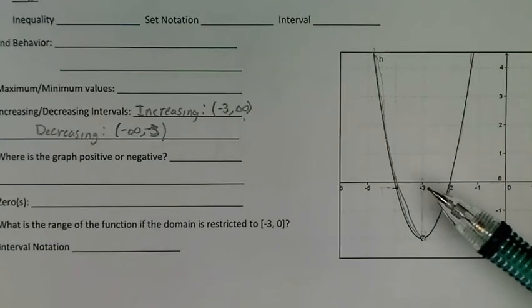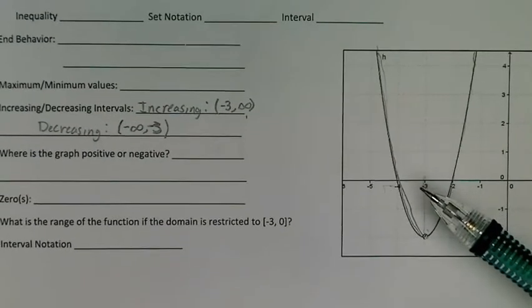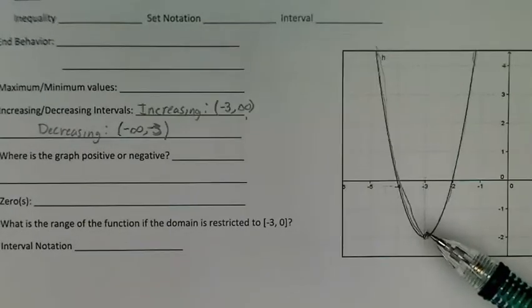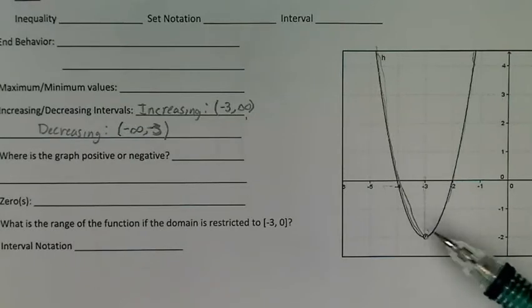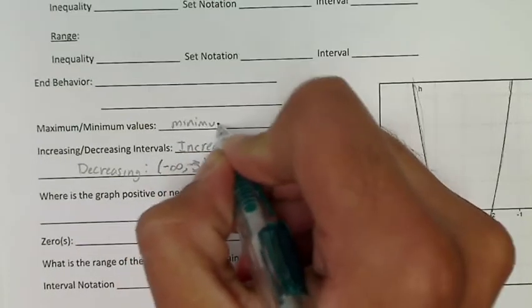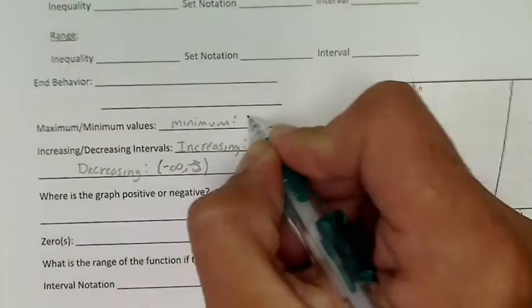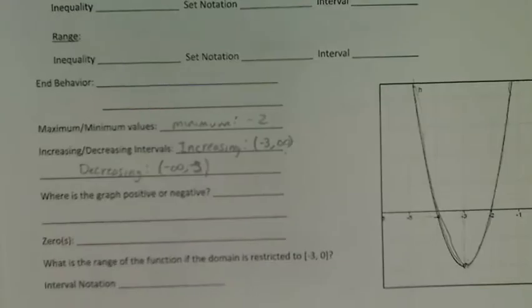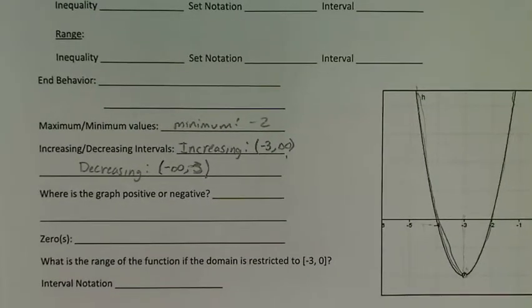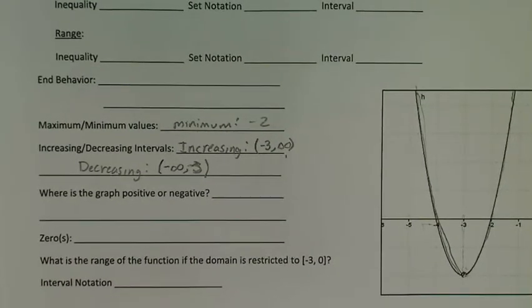And plus, when we're describing max and mins, we're describing y values. So the lowest y value that this function takes is -2. So all we would do is say that there's a minimum of -2.